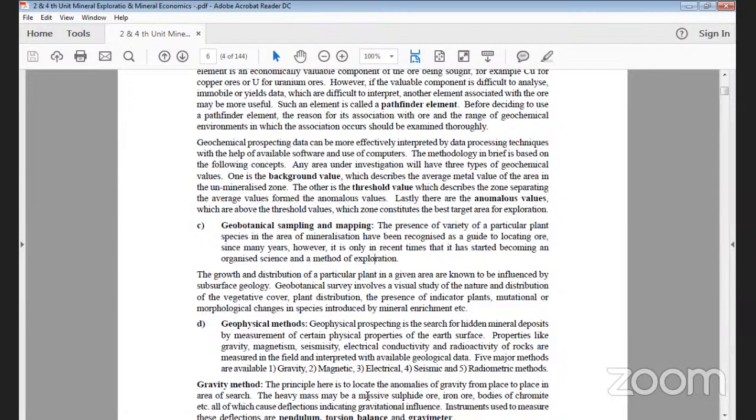Or else in some other red soil areas, the red soil areas have good growth of plants. Then you compare the plants of the alkaline areas and the plants of the red soil areas. So we must find out the variation between the plants of the alkaline soil zone and the plants of the red soil zone.